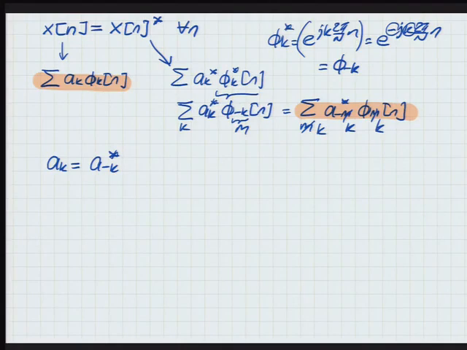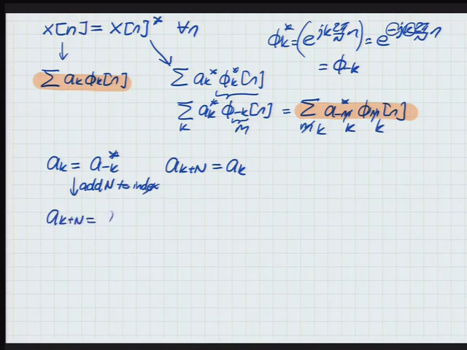So now I have the property that advancing the index k by N changes nothing. I get a_k. So what that implies is, if I advance both of them by N, add N to the index, that won't change the values.